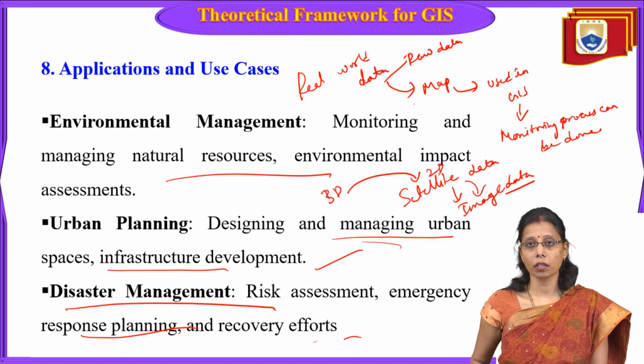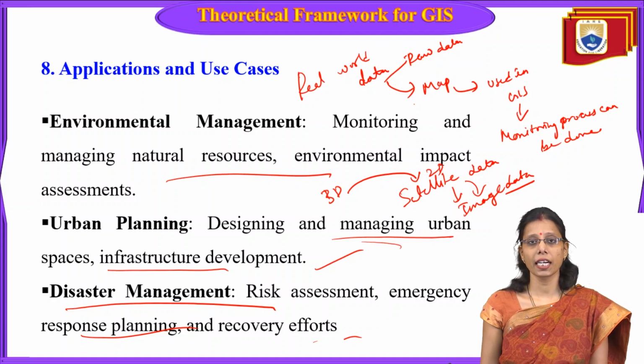So this is what we are going to do whenever we work with GIS. First of all, you understand how the data is converted to the image format and how we are able to use it in GIS. In previous lectures we studied spatial and non-spatial data input, how the data came, how the data is available, how we are able to work with the data. All that comes under this theoretical framework of GIS.